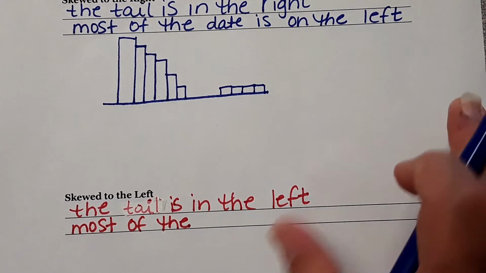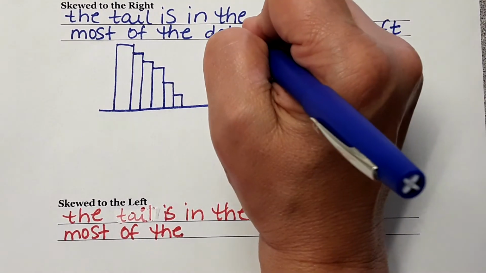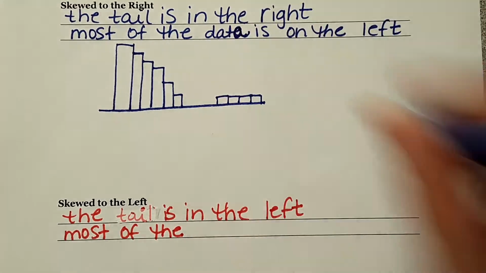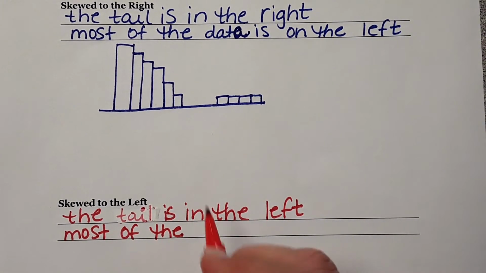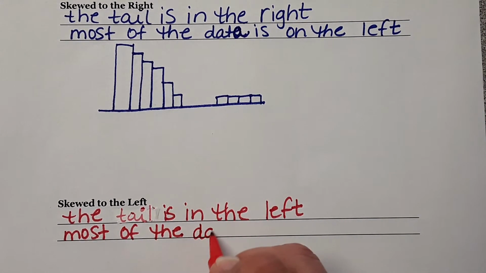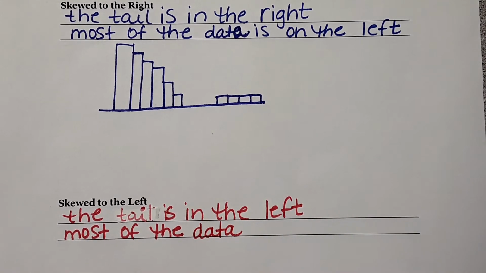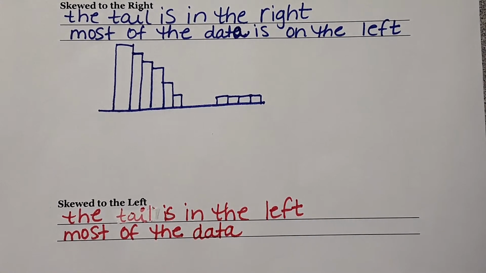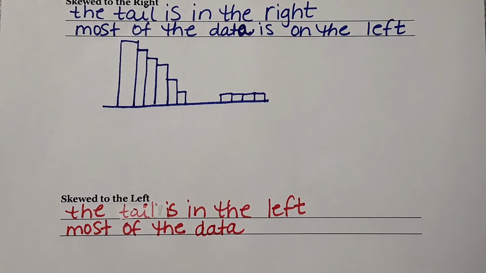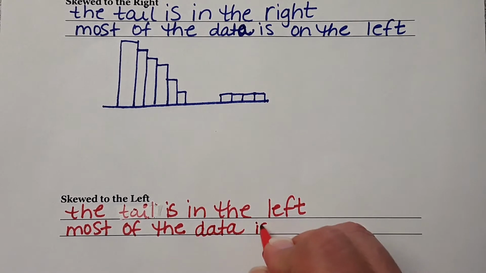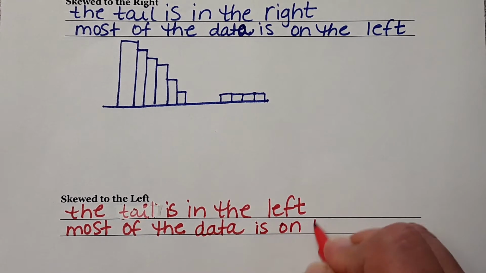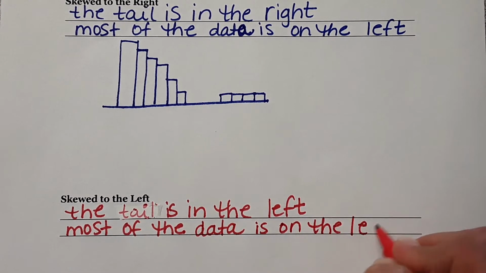Did you guys even notice that I wrote date here instead of data? I bet you e-learners caught that. I met 5 of my e-learners yesterday. We had a Teams meeting. It was really cool. Most of the data is on the left. You mean right?